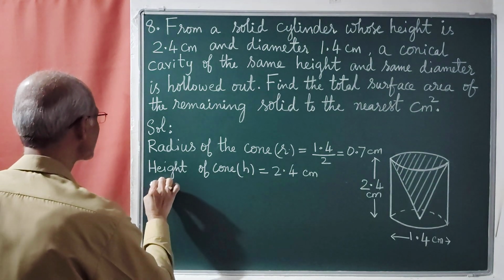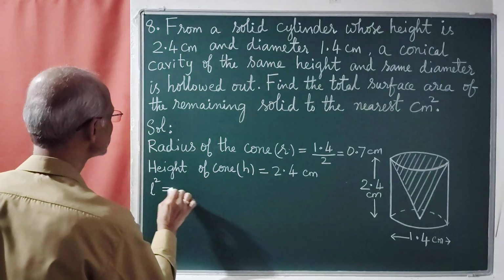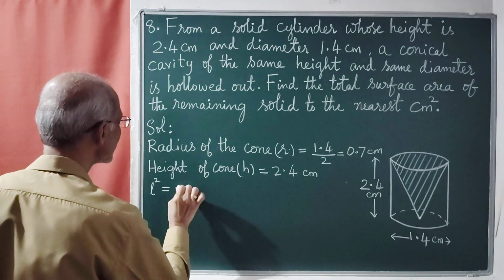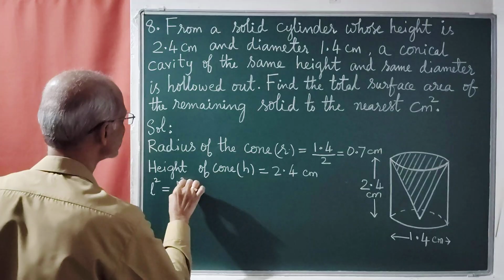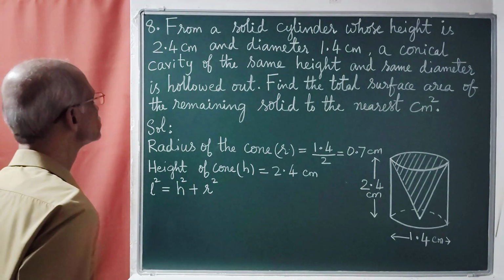So L square is equal to h square plus r square.